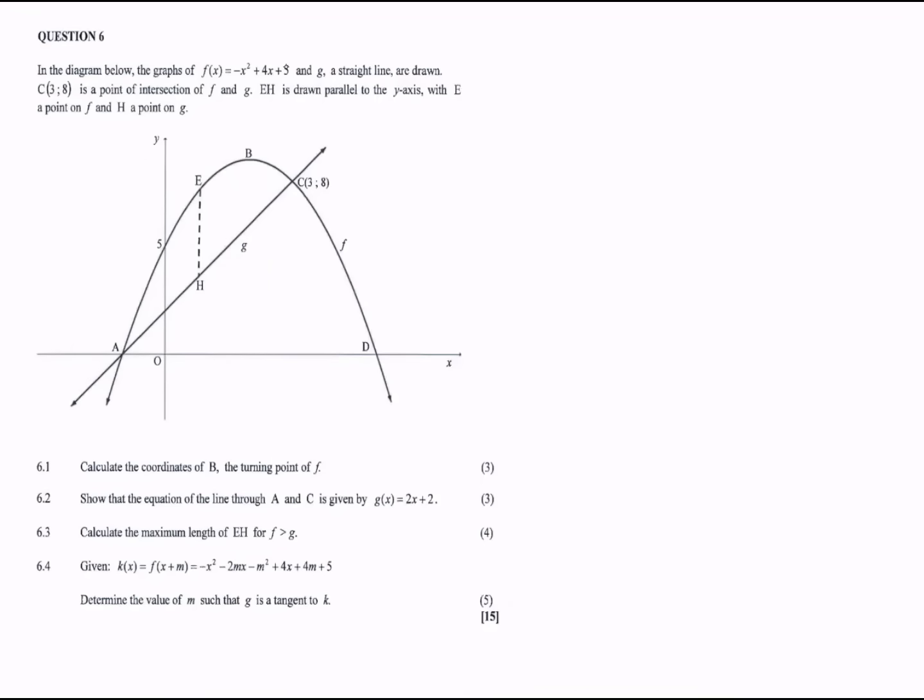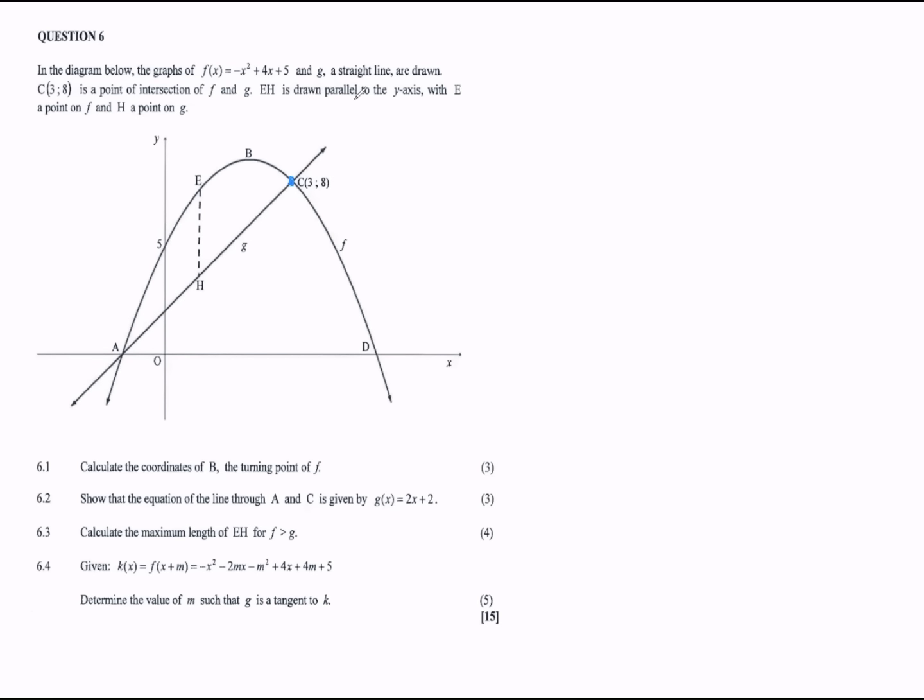Okay, so now we have question 6. It says, in the diagram below, the graphs of f of x is equal to negative x squared plus 4x plus 5 and g, a straight line, are drawn. Then we have coordinates here, which are (3;8) at C, which is a point of intersection between graph f and g.